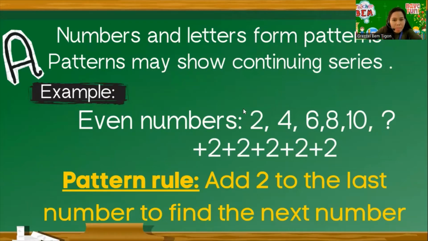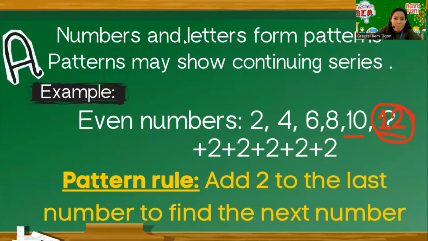So for example, 2, 4, 6, 8, 10. What is the next number? In this grade 1 lesson, the pattern rule here is add 2. So if you're going to add 2, what would be the next number after 10? After 10, the answer is 12.